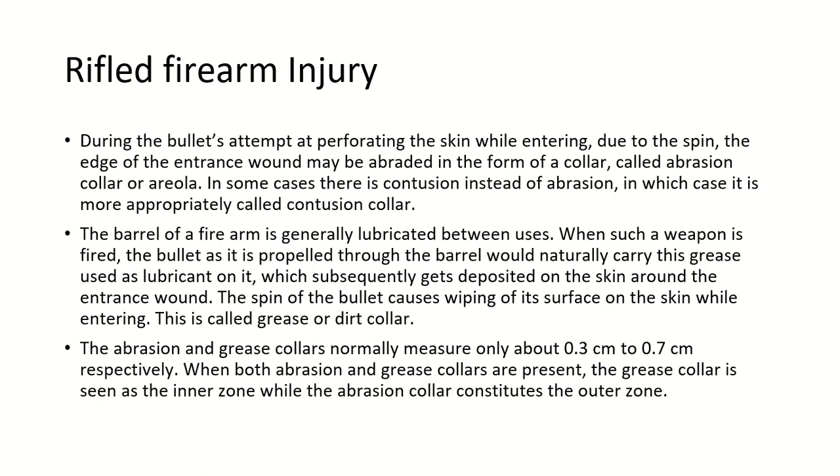The abrasion and grease collar normally measure only about 0.3 to 0.7 centimeter respectively. When both collars are present, the grease collar is observed as the inner zone and the abrasion collar as the outer.